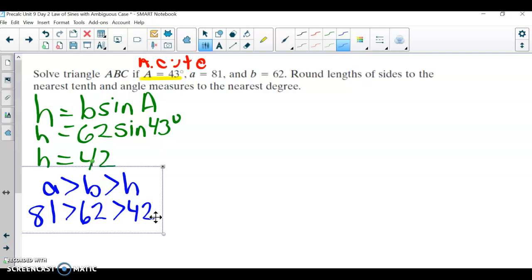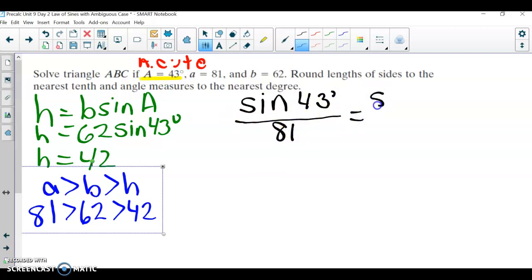Now let's use the law of sines, what we were doing last week. With law of sines, I have sine of 43 over my length of A, which is 81, is equal to sine B over 62. So in this case, I have to find my angle B. This is good review. Some of you guys struggled on this.